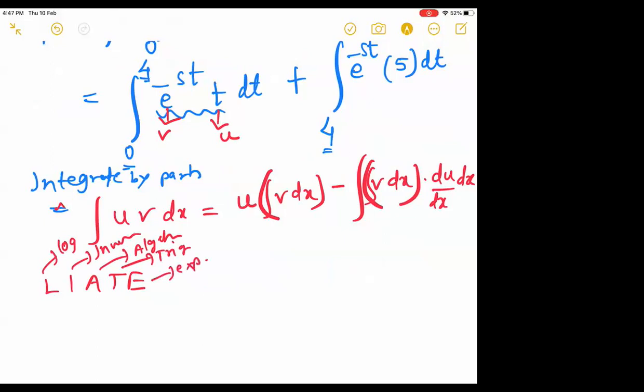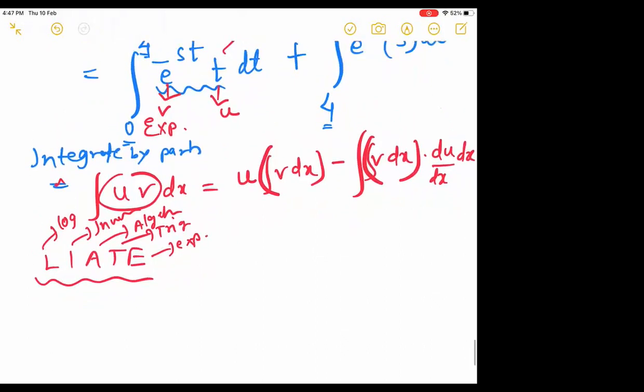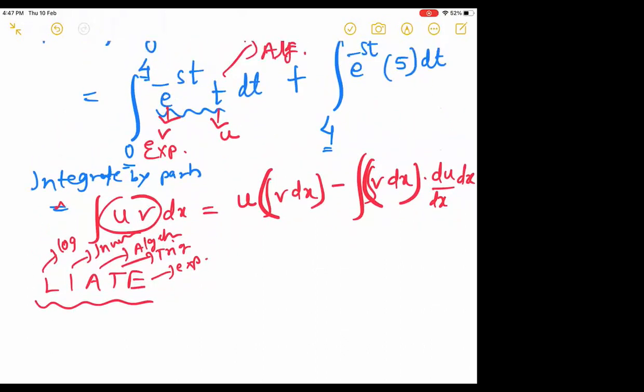So here the combination is u and v. This is an algebraic function, and here e raised to minus st is an exponential function. So, algebraic and exponential, which function will come first by this rule? Algebraic will come first. So here t will come first and e raised to minus st will be the second function.